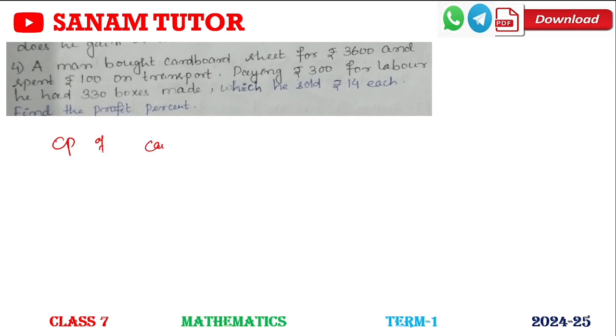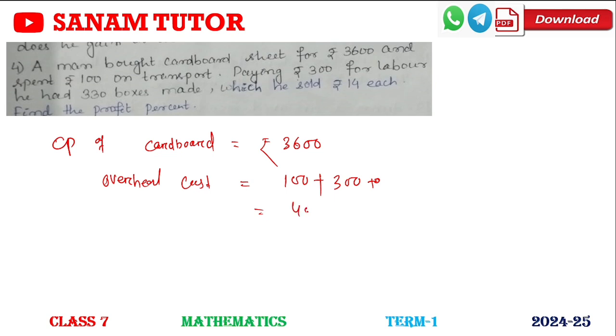A man bought cardboard sheet for rupees, this bought means CP, so we can write CP of cardboard equal to rupees 3600. Now spent means overhead cost, so write down overhead cost equal to 100 plus 300 plus, so write down 400 rupees, means total overhead cost is 400 rupees.